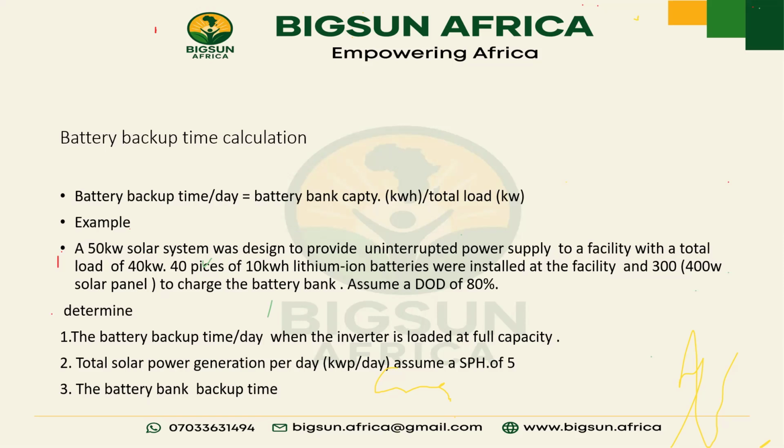Now, another thing you need to consider is that while you are considering your charge time within your PSH, you should also look at the fact that there is a certain load that is going to be on throughout this period. You do get it? Yes, sir. You understand? Good. So when you are designing to fill the battery, also design for the load that is going to be in use while the battery is being charged.